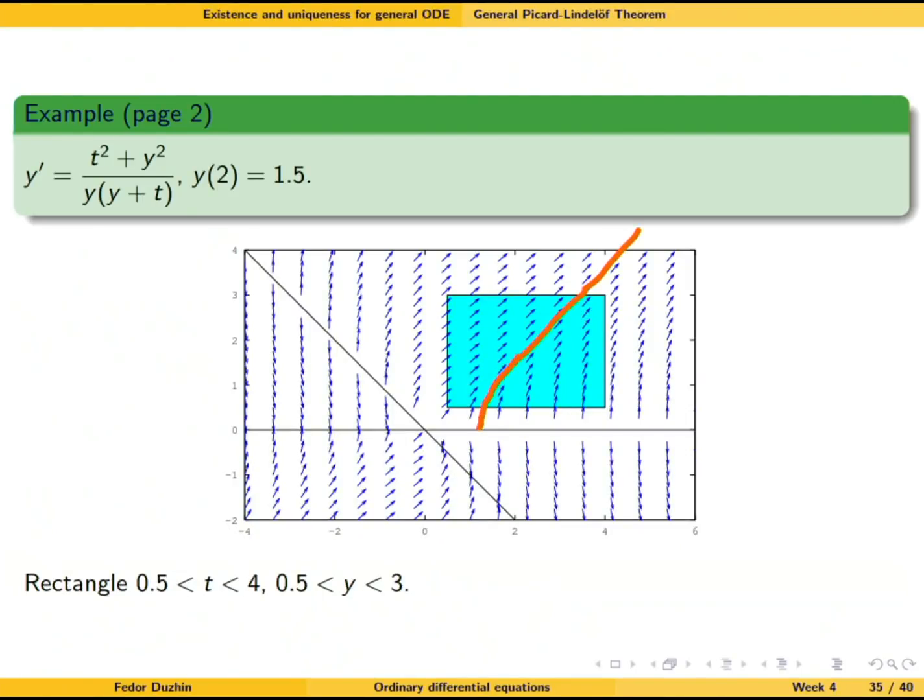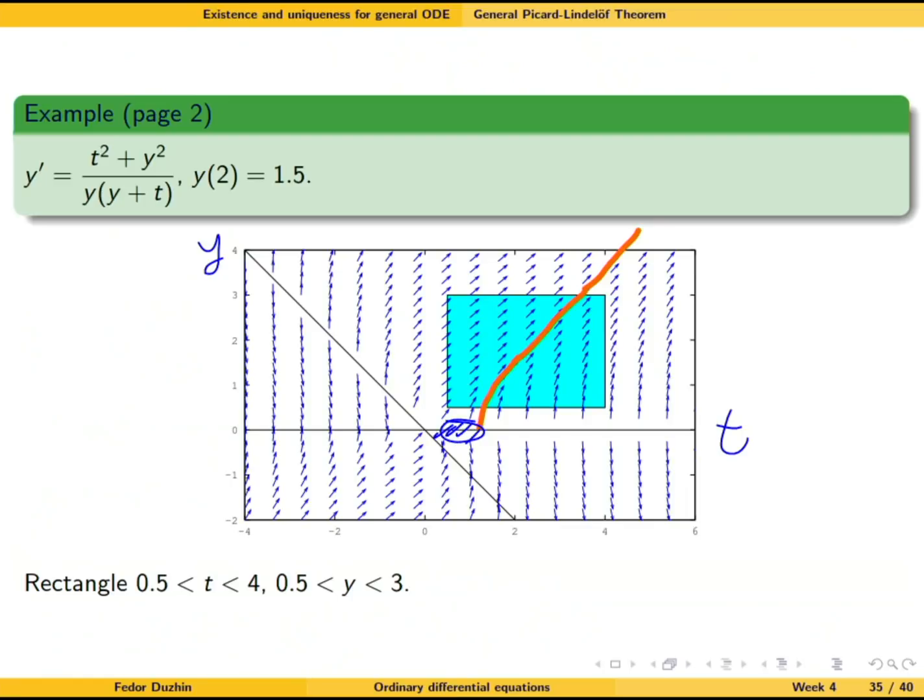But then here it can only be extended up to the boundary of the domain, so up to the line y equals 0, and then it cannot be extended any further because there is nothing along the line y equals 0. Right? So notice that here, if this is the t-axis, this is the y-axis, the domain of the solution is not the whole interval from 0.5 to 4, but there is nothing here.